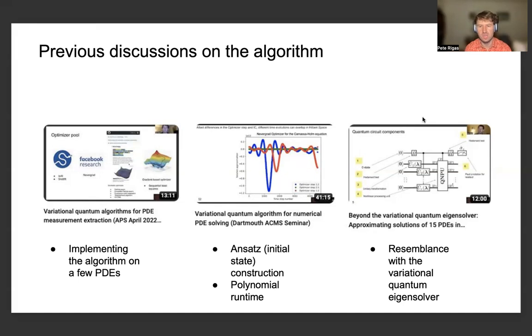And in the most recent APS talk earlier this year, I talked about resemblance with the variational quantum eigensolver, which relates to eigenvalue problems, and how solving partial differential equations or ordinary differential equations can be related to eigenvalue problems, which shares connection with numerical linear algebra and several other types of algorithms.